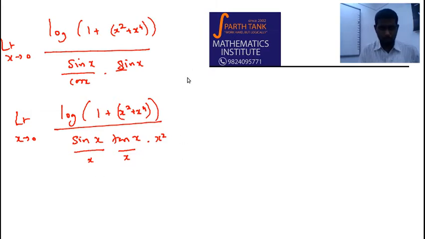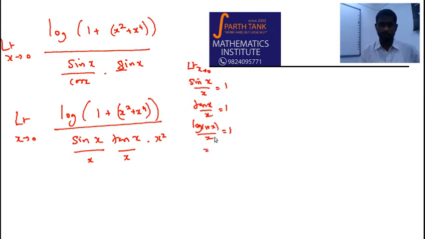And also if you remember, we are trying to use the standard limit. Sin x by x is 1, limit x tends to 0, remember. Tan x by x is 1, log of 1 plus x by x is also 1. All limits x tending to 0. Okay, we are going to use this.